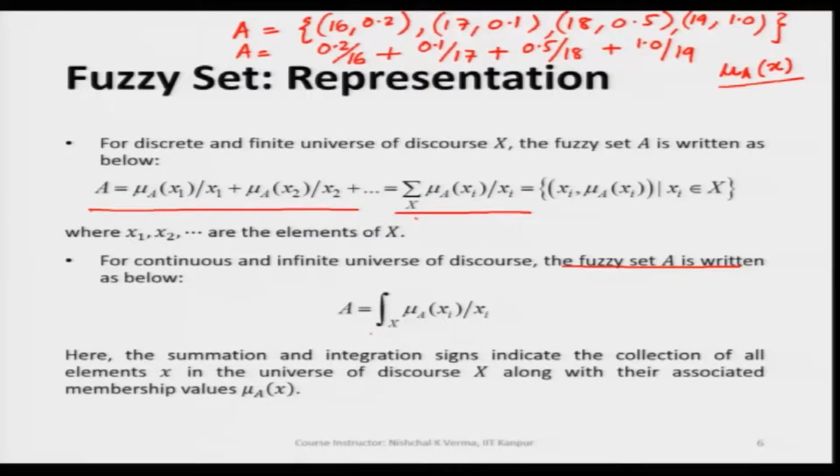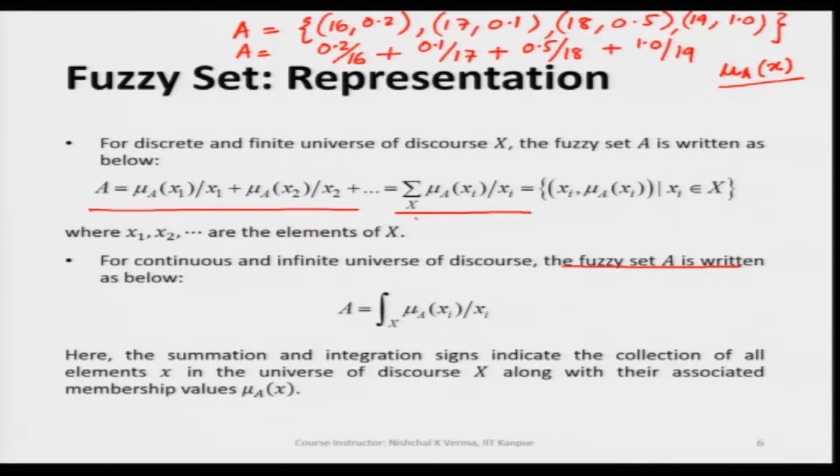After this integration sign, we have again the same logic. First we write the membership value, and then with this slanted line we separate, and then we write the corresponding generic variable value.